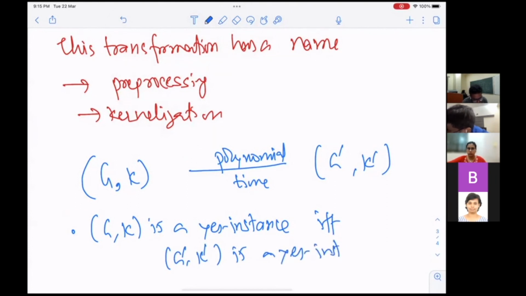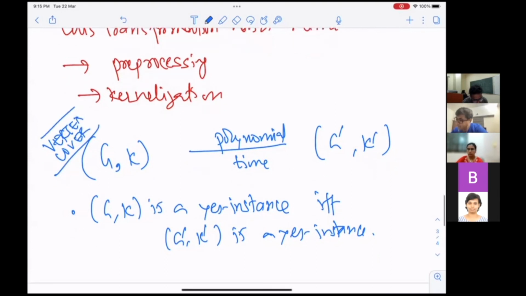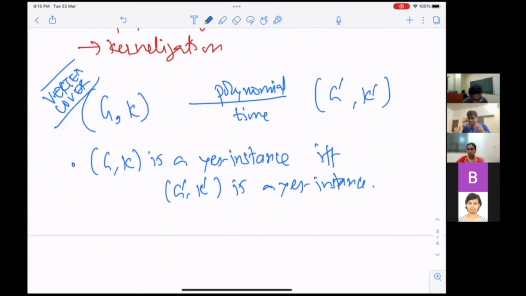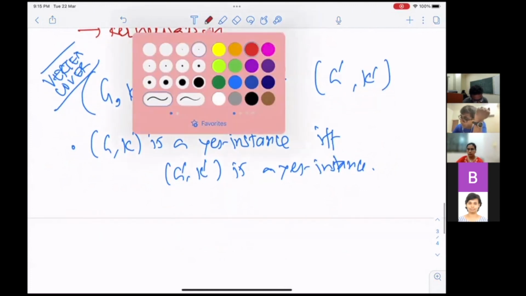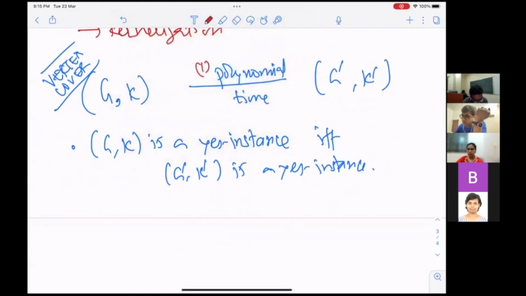Of course, a vertex cover, because that is what we have been talking about every time. Still, everything is about vertex cover. We are not talking about anything else. You will make an algorithm for everything. That's one property, that the algorithm runs in polytime. So there are three properties. First, it runs in polytime. Second, it preserves the answer.